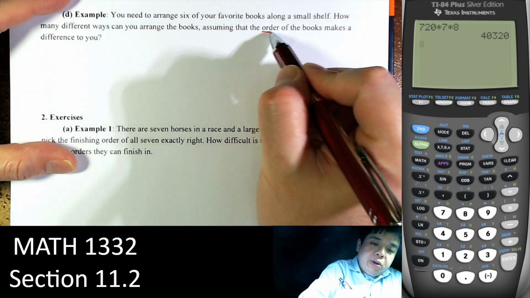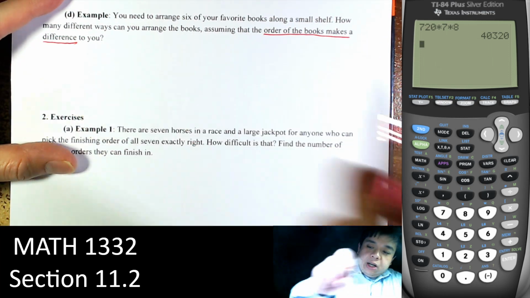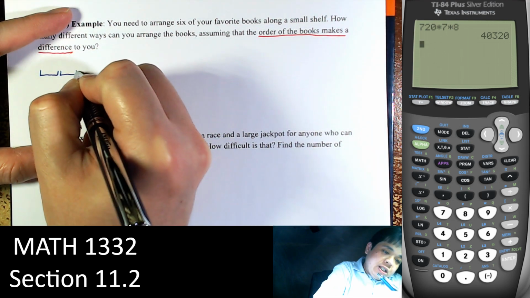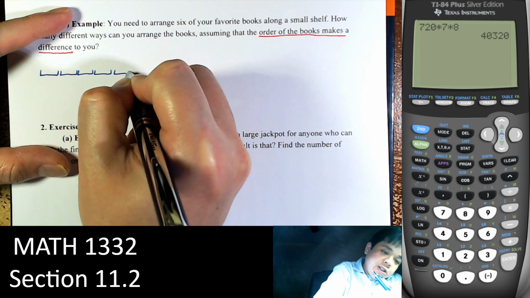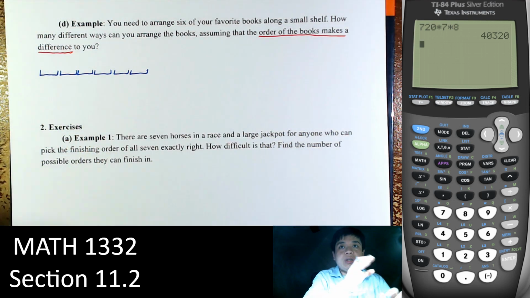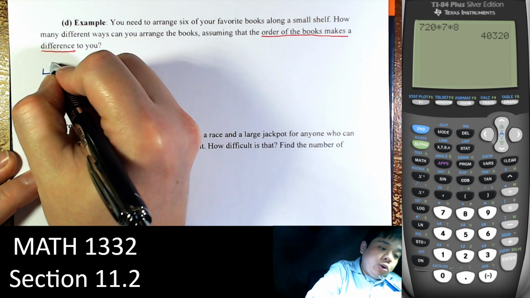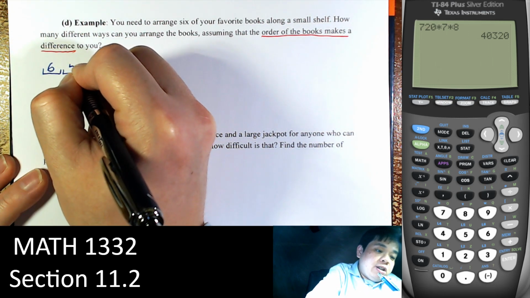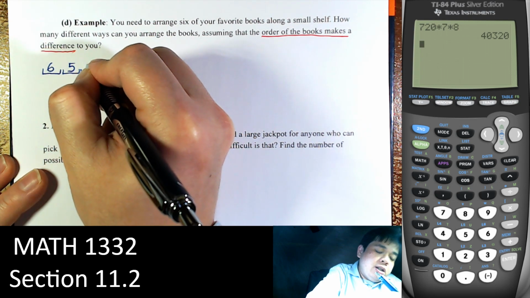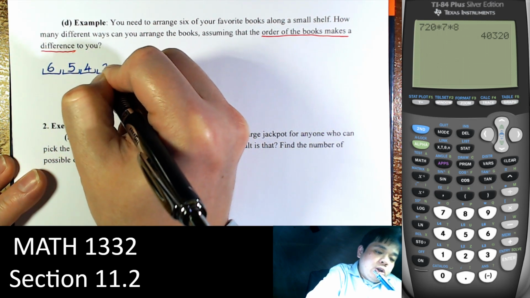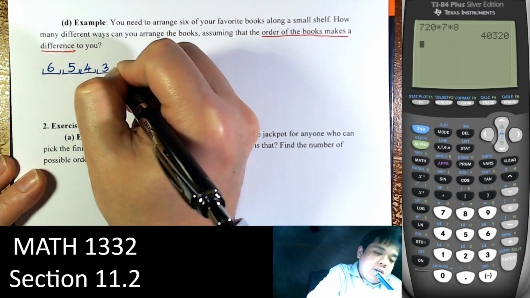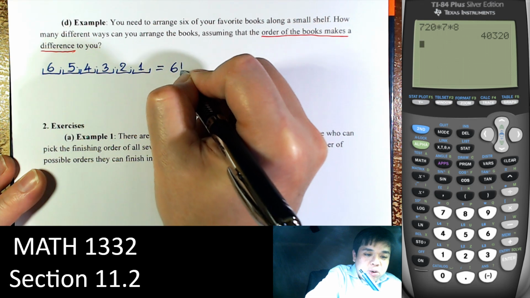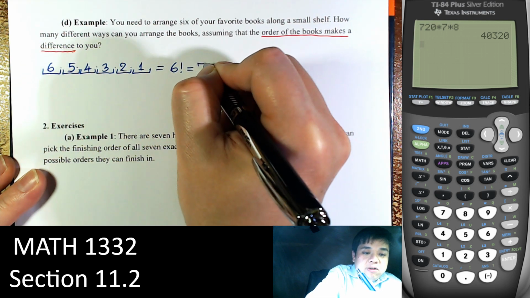So let's write this. We have 6 different slots, and you're going to put 6 books into those slots. For the first one, you can choose any of those 6 books. Then you have 5 books left for the second slot, 4, 3, 2, 1, and by the multiplication rule, multiply all of that. We can write 6 factorial, which is 720.